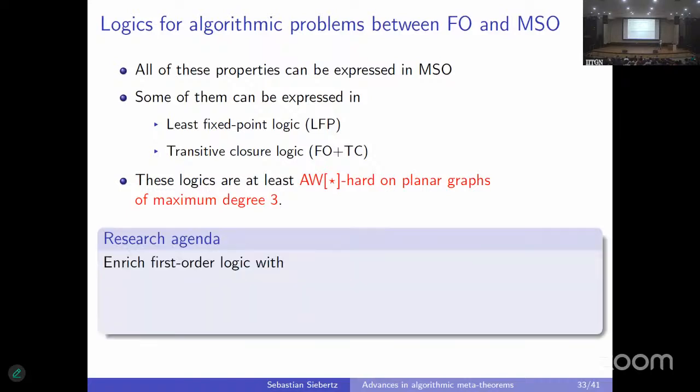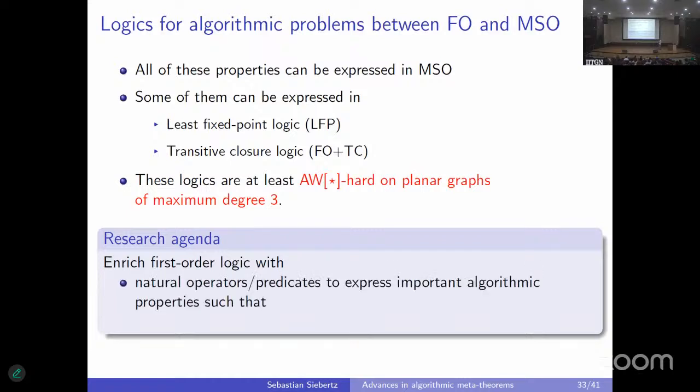So we can take first order logic and add some operators that can express these properties. For example, an operator for reachability, an operator for different types, an operator for bypass. And see, can we still do model checking efficiently?